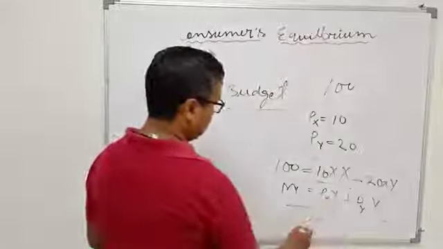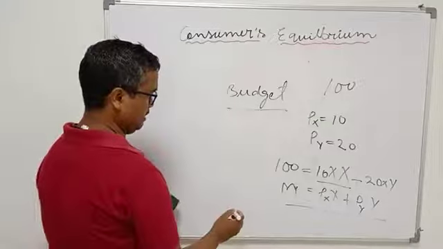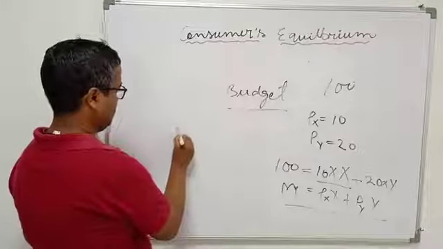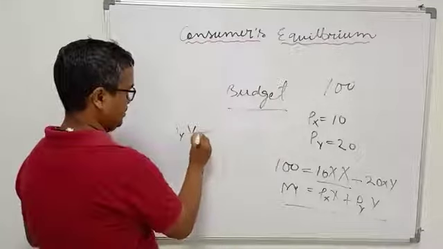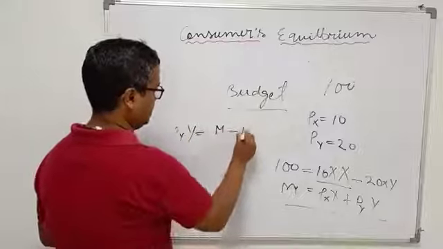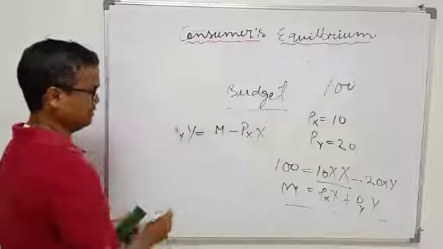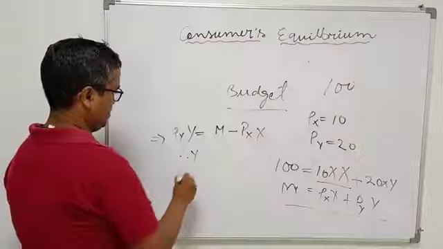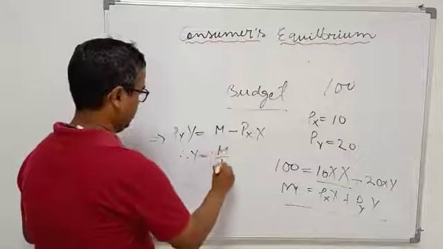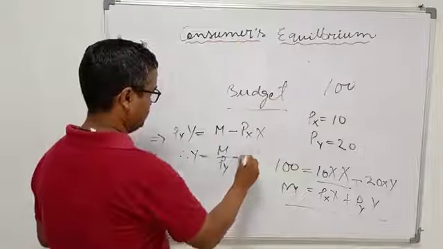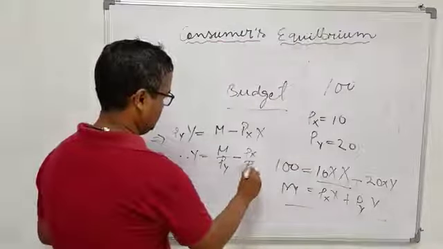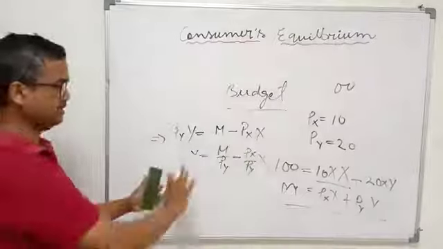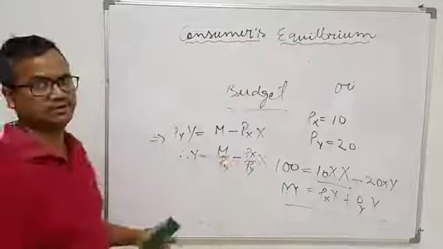Then some manipulation: I keep Py Y on the left side and M on the right side, just changing the side. Therefore Y equals M by Py minus Px by Py into X. No need to worry, this is simple, I am just changing the side of Py.